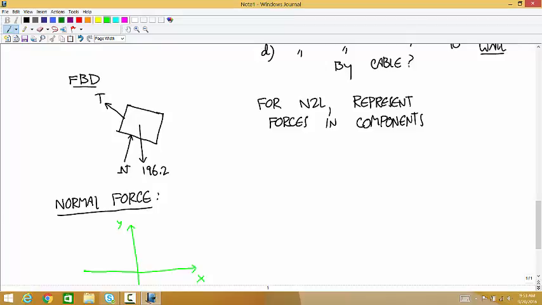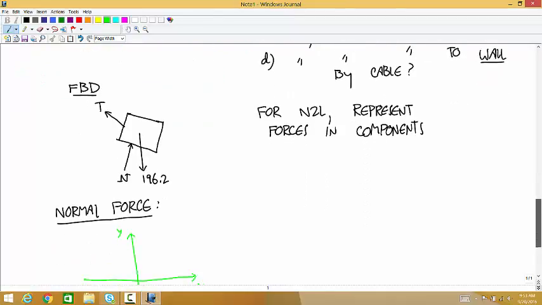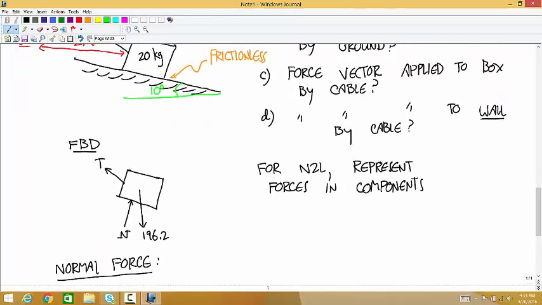We know the angle of that incline, and so we're going to use cosine and sine for this unit vector. I know that it's 10 degrees from a vector pointing this direction to a vector pointing that direction.